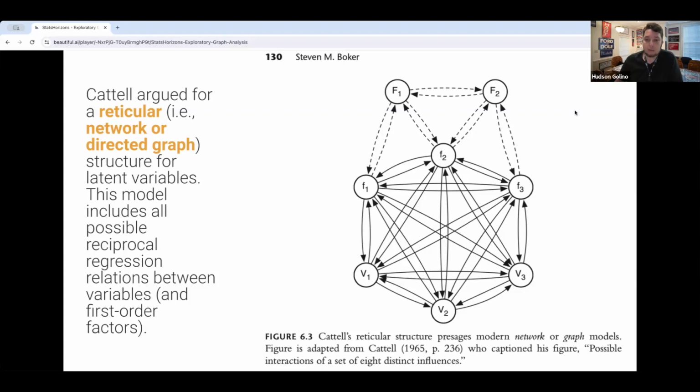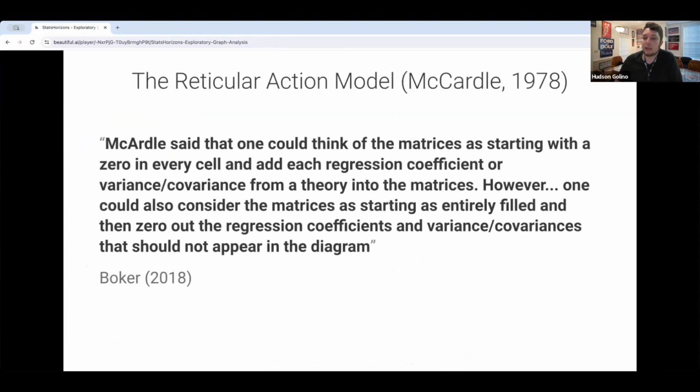And in 1978, Jack McArdle proposed the reticular action model, the RAM model, for structural equation modeling. And Steve Boker, my colleague here at UVA, wrote a very interesting chapter about this a few years ago. And he wrote, Jack McArdle said that one could think of the matrices in structural equation modeling as starting with 0 in every cell and add each regression coefficient or variance covariance from a theory into the matrices.